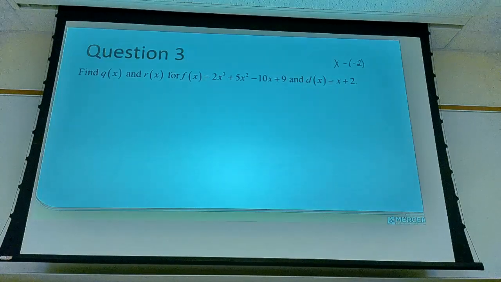So here is how synthetic works. Your k goes on the outside. Now you just list out the coefficients. And the coefficients have to be listed out in the descending order of powers.